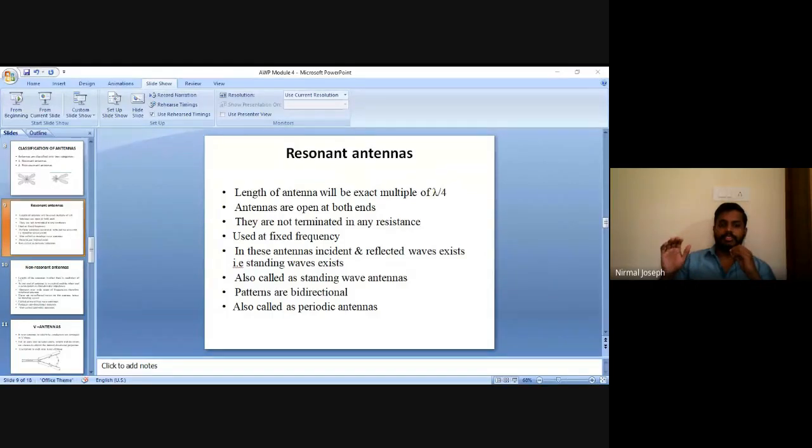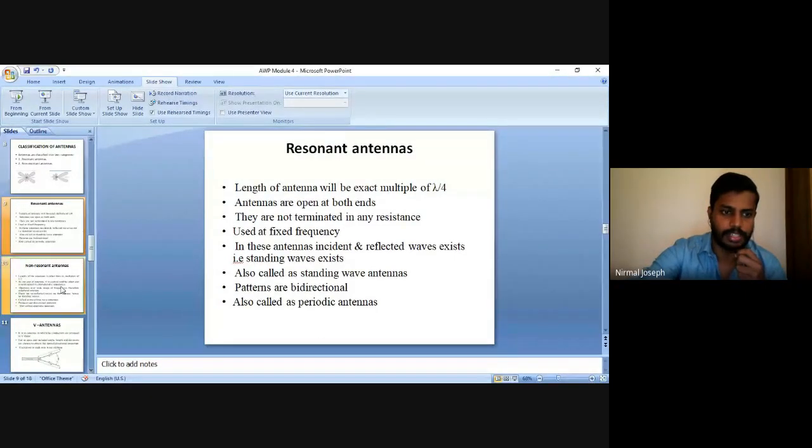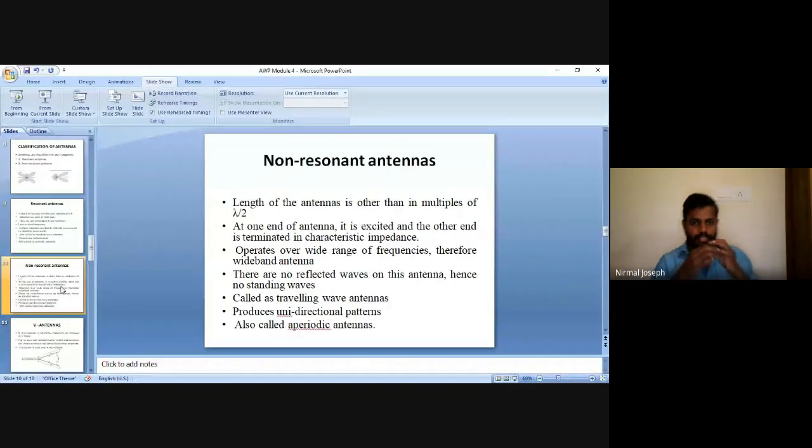VSWR is due to the reflection of the wave at the end. So it is called a standing wave antenna. Patterns are bidirectional. It is also called a periodic antenna. Just remember these points.